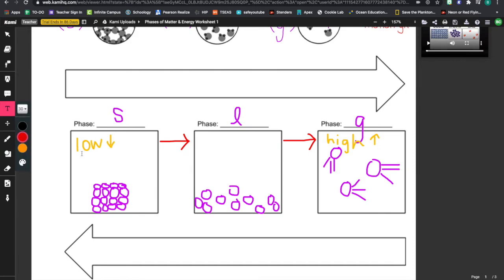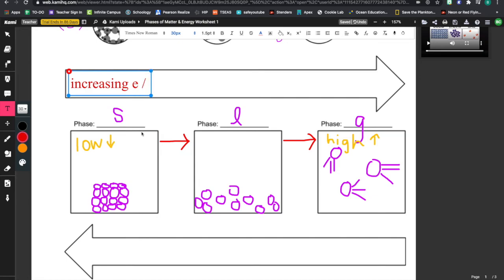Okay, so if we are moving from a solid to a liquid to a gas, we are obviously increasing the amount of energy that we have, right? So right up here, we're going to write we're increasing in energy. We are gaining energy as we move through these phases. So what we call that is endothermic.